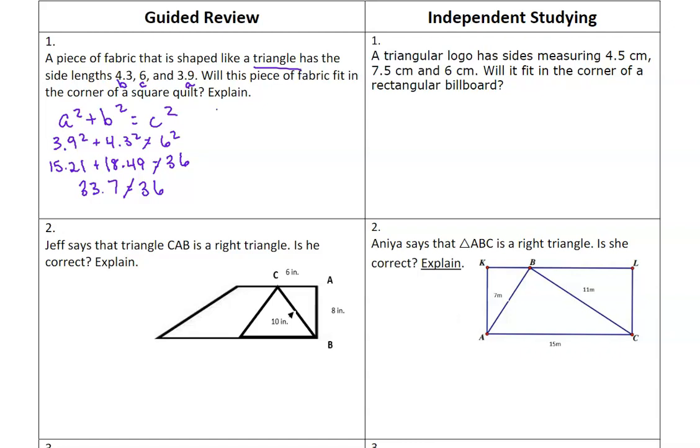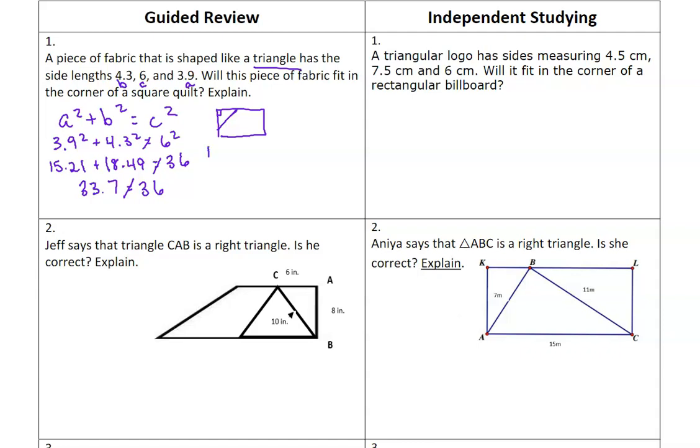Okay, and the reason is, if I have a rectangular quilt here, that means that the corner here has to be a right angle, so that this triangle, for it to fit, has to be a right triangle. Well, if these 2 sides were equal, then it would be a right triangle. But since they're not, it is not a right triangle.